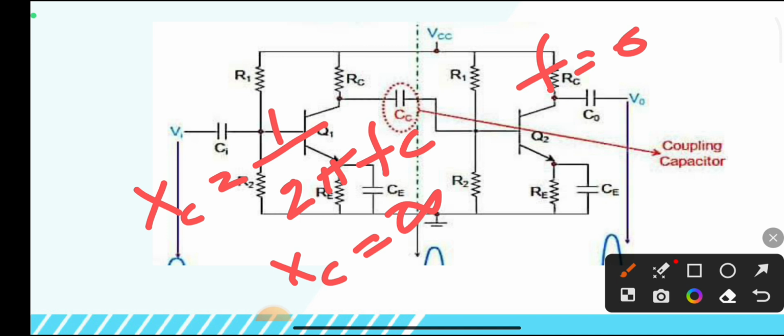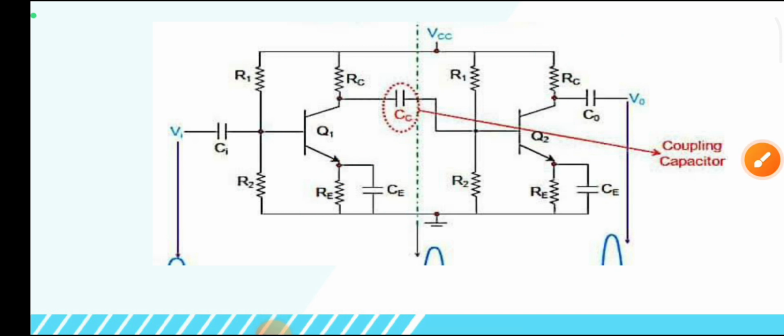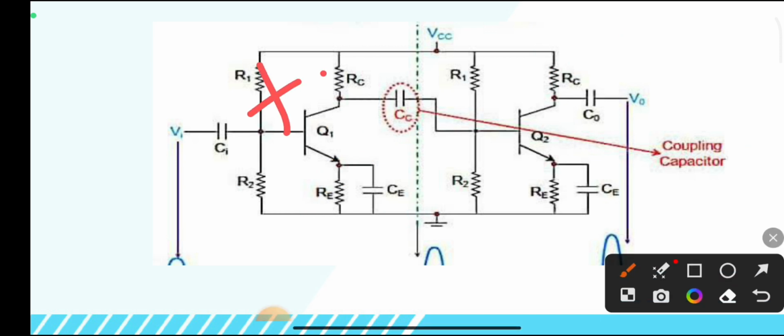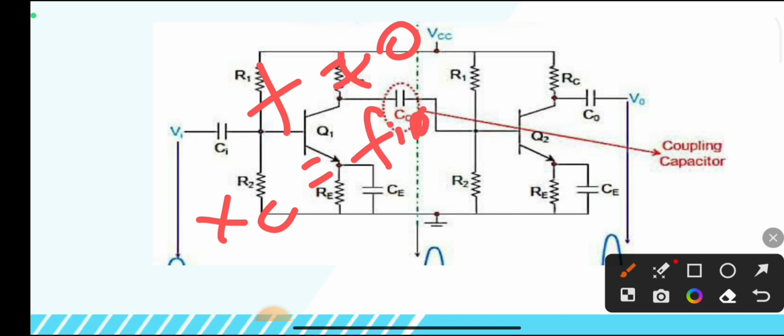Next, for AC, F is not equal to 0. So F has some value, which means Xc has some finite value. So for AC, the reactance has some value.